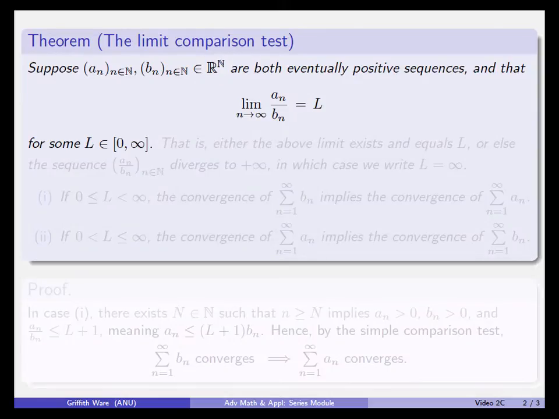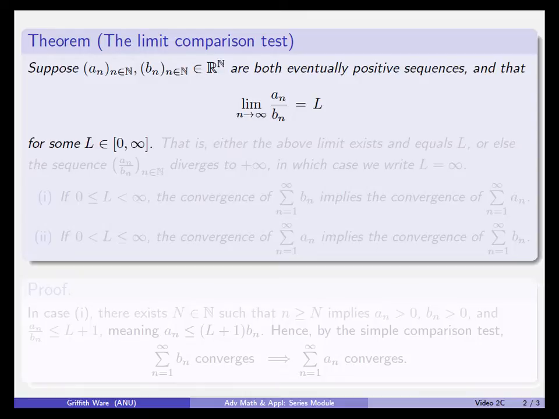Okay, so what is the statement of the limit comparison test? Well, the first thing is that we assume we have two eventually positive sequences, so that means that beyond some point all the terms in these sequences are strictly positive, and that the sequence of fractions an divided by bn is a convergent sequence with limit L, or, special case, that it's divergent and diverges to positive infinity.